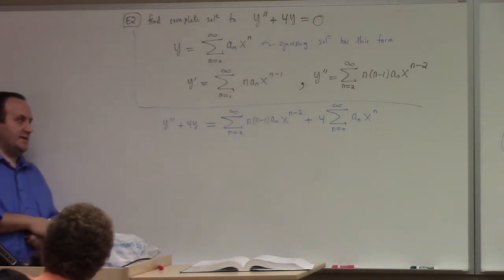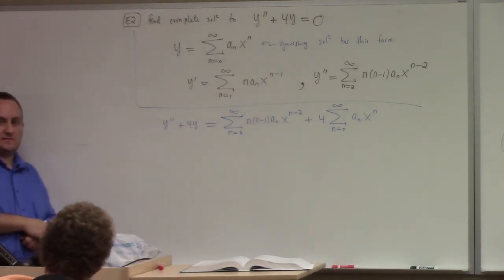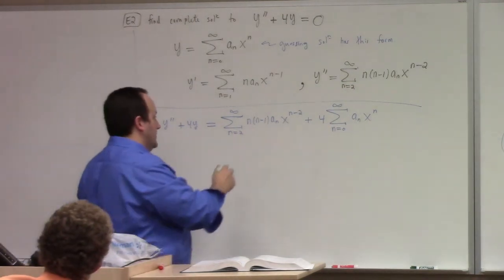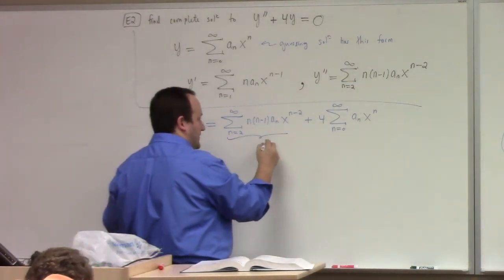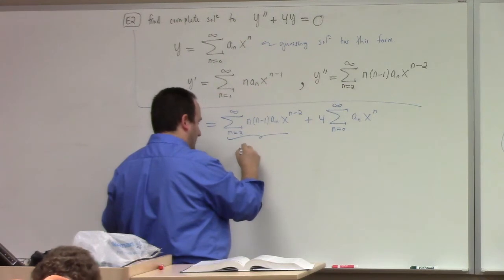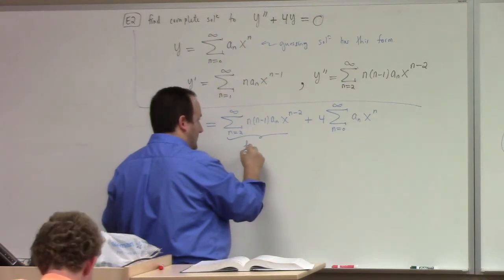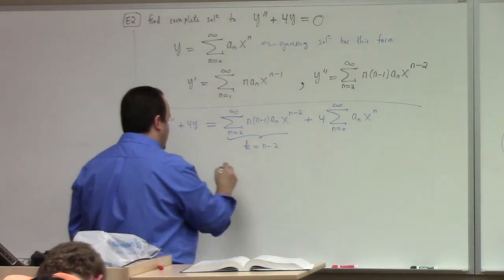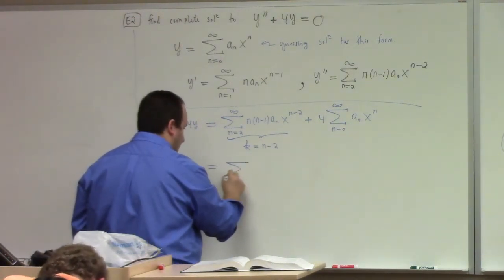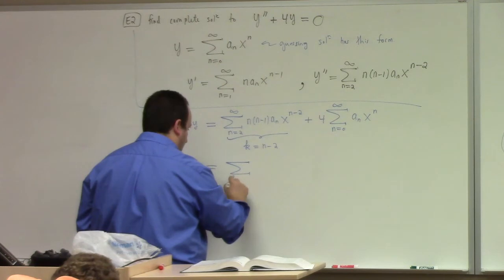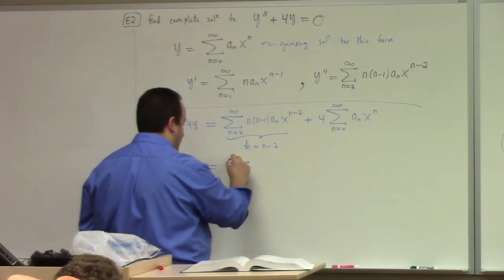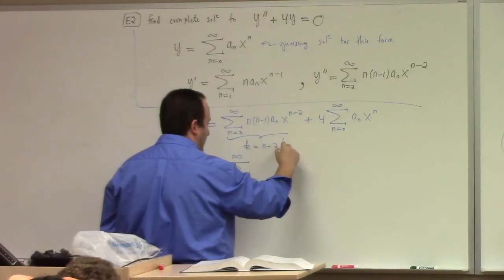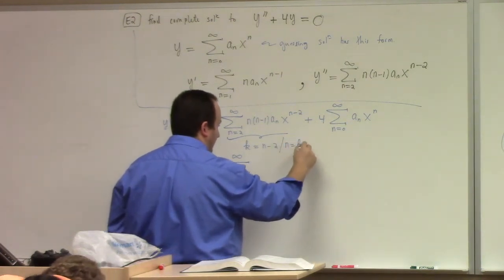Yeah, we're going to have to reindex either the first or the second. I suggest we reindex the first one. So let's make a substitution. Let k equal n minus 2. So then this becomes the sum, k equals 0 to infinity. If k is n minus 2, that means n is equal to k plus 2.